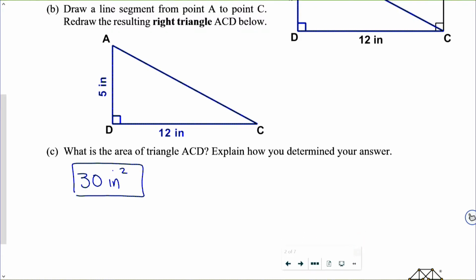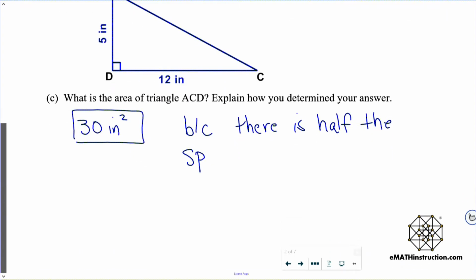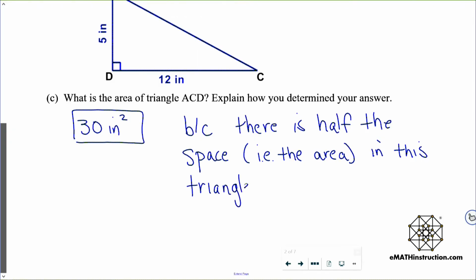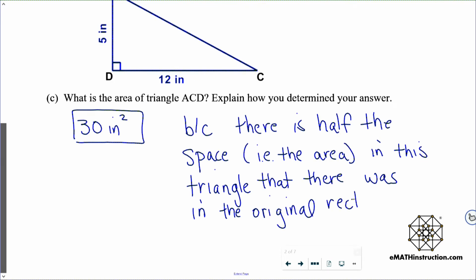Now, there's a really good reason for that, and that's because there is half the space, i.e. the area, in this triangle that there was in the original rectangle.